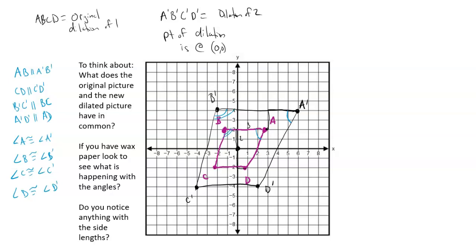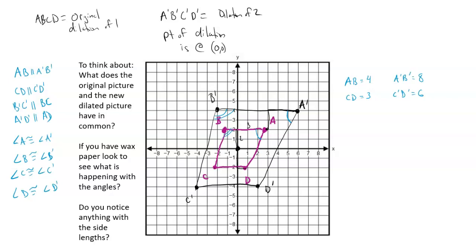Well, I noticed that AB length was 4. And then I noticed that A prime B prime ended up being 8. I can also see that CD was 3 and C prime D prime ended up being 6.